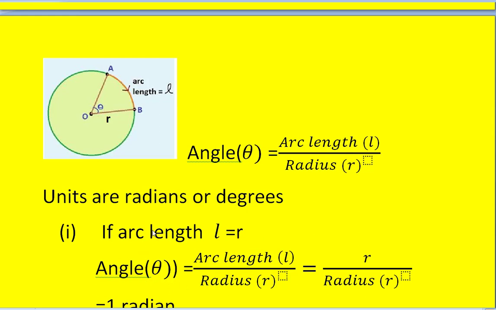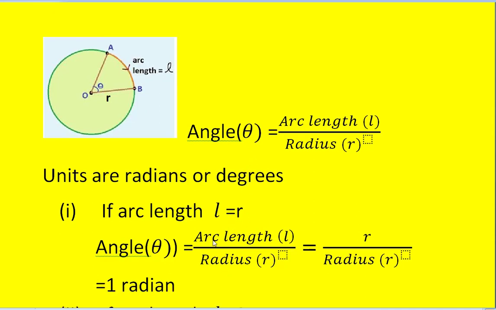Suppose this arc length L is equal to the radius r. Then we get the angle theta like this: arc length divided by radius r, and the arc length is r, so in the denominator we have radius r.